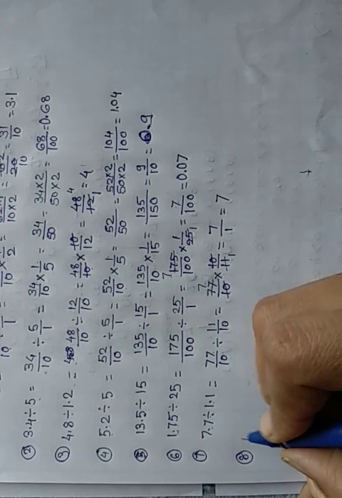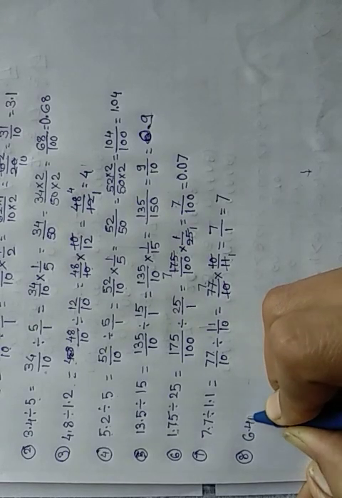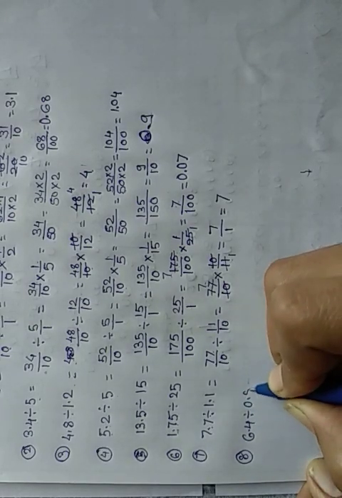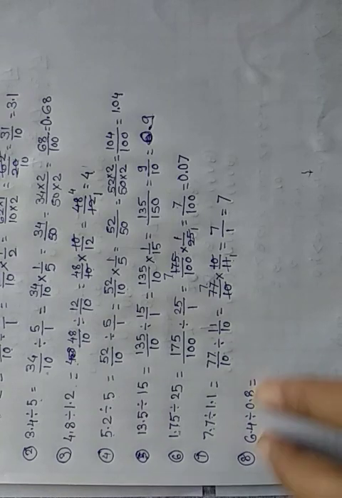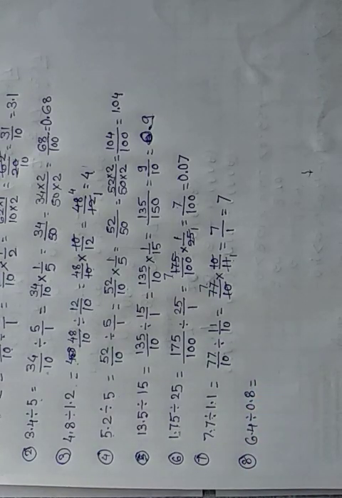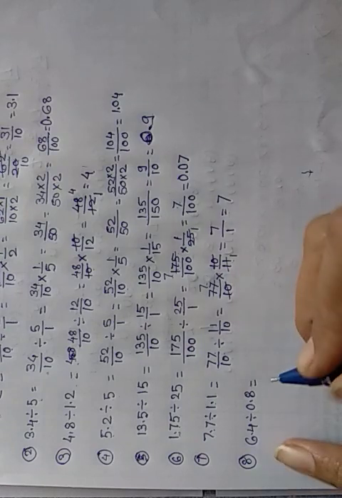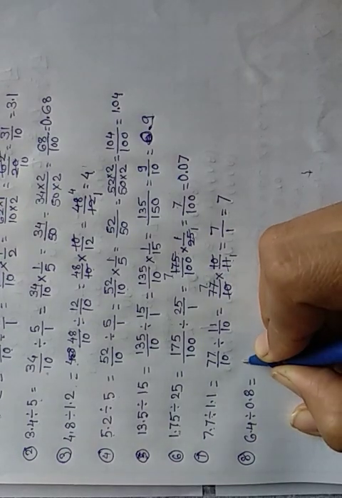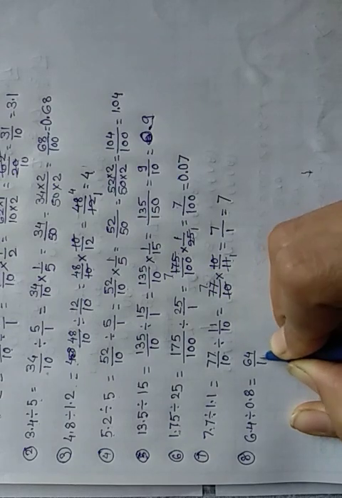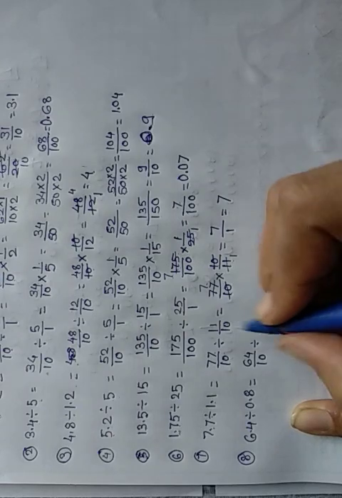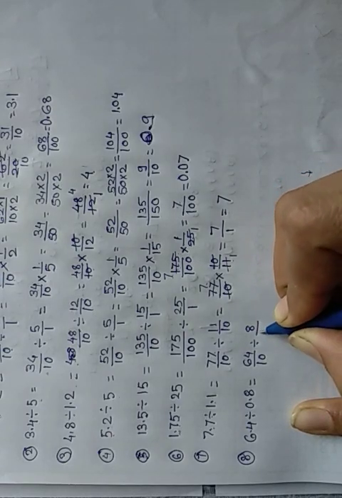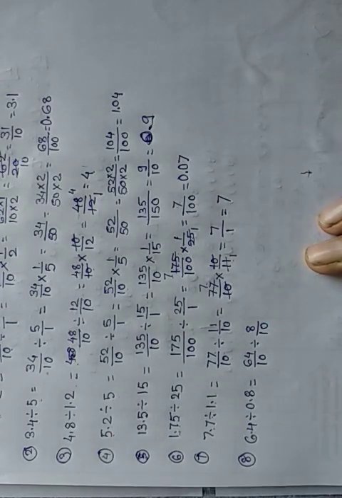Next example, 6.4 divided by 0.8. See here, same example. These both numbers are in decimal fraction. So first convert this decimal fraction into a common fraction. So write down here 6.4 means 64 upon 10 divided by 0.8 means 8 upon 10.